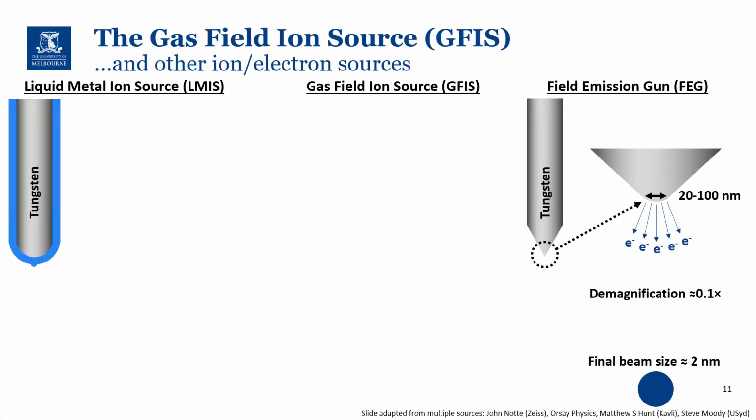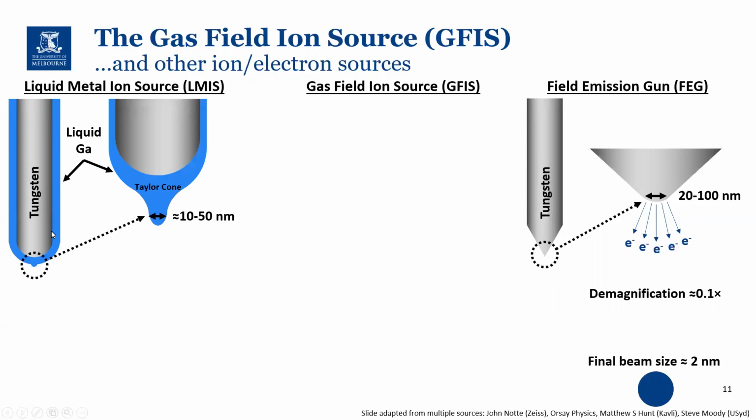For a liquid metal ion source, such as a gallium FIB, we still have the tungsten tip, but above that we now have a reservoir of gallium, which we heat up and allow the gallium to flow along the tip. At the very end, the liquid gallium forms a pendant droplet, which we call a Taylor cone.